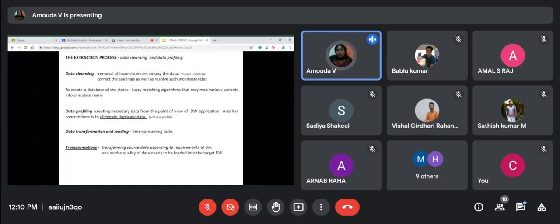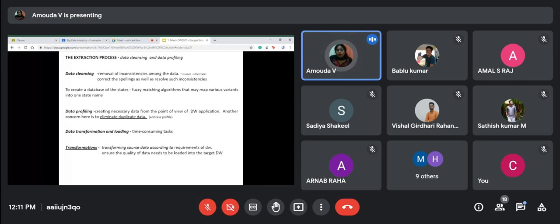Profiling is creating the necessary data from the point of view of the data application, the data warehouse application. That is, what application you are making this data warehouse for and what profile you should have. Main job is to eliminate the duplicate data.